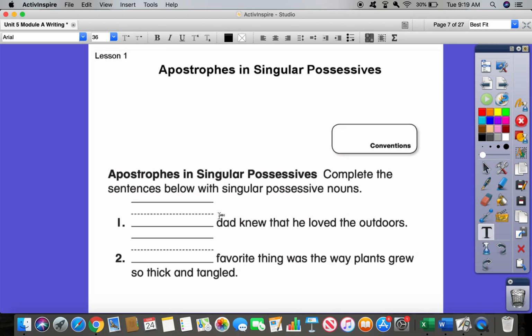Since it's the beginning of a sentence, I need a capital letter. I might write Johnny's dad knew that he loved the outdoors. And then here you're going to use another name with an apostrophe S. Blank's favorite thing was the way plants grew, so thick and tangled.